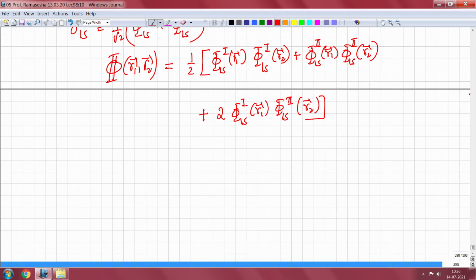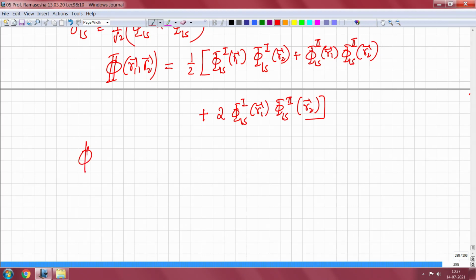It means that there is one case wherein the 1s orbital has both the electrons 1 and 2 on atom 1. That is, atom 1 has both the electrons 1 and 2. In this case, atom 2 has both the electrons 1 and 2, whereas in this case atom 1 and atom 2 have electrons 1 and 2. That is, if one has electron 1, the other has electron 2, and vice versa. So, I can actually show the whole thing schematically as a resonance diagram.